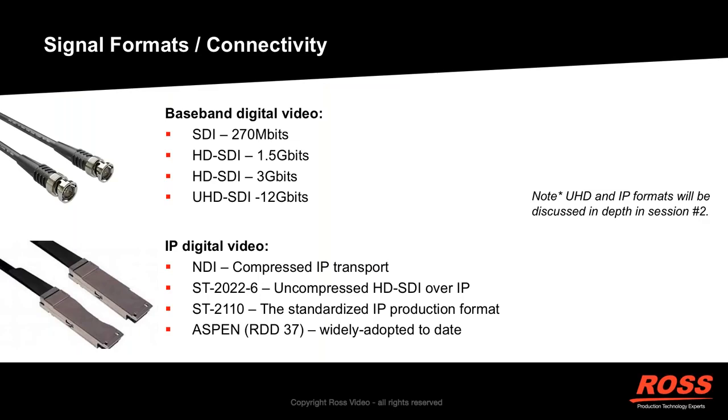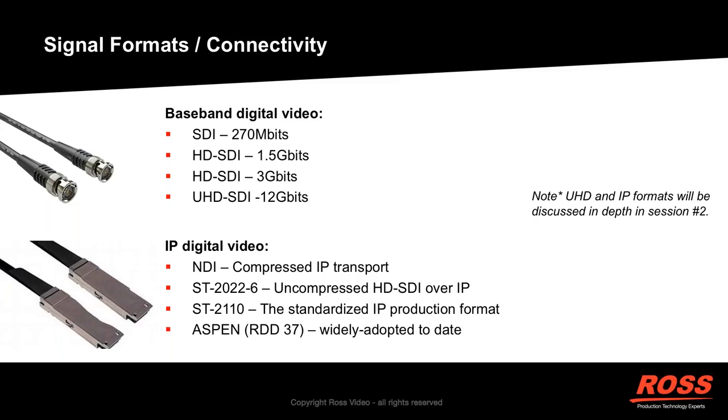And types of connectivity, well, of course, in baseband digital video, we've got our SDI formats, 270 megabits up to 12 gigabits for UHD. And on the IP side, there are several choices there, some really just coming to the forefront now.